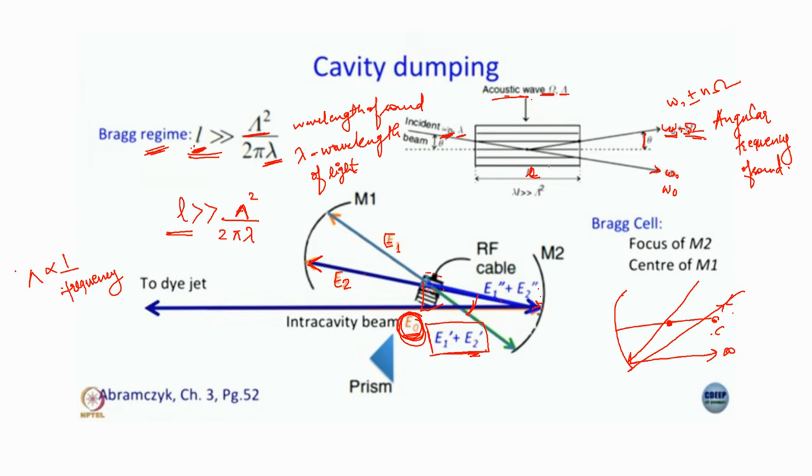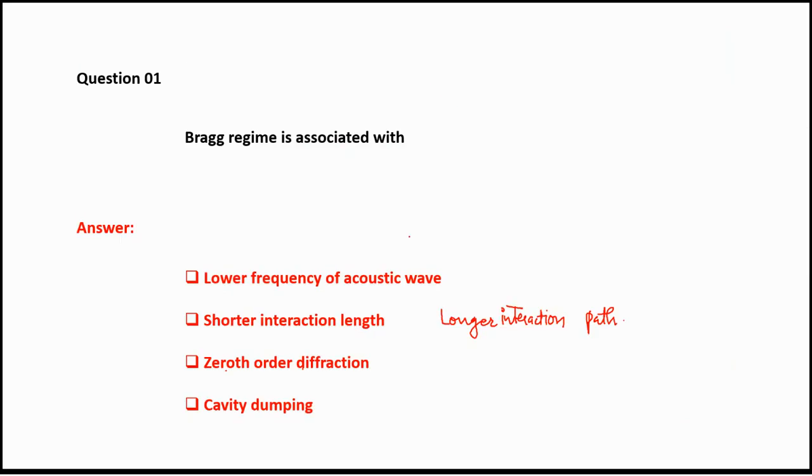Because if you talk about the Bragg regime, when you just pass the incident beam through this Bragg cell, it has a longer interaction path. And second thing, you do not get higher orders of diffraction.